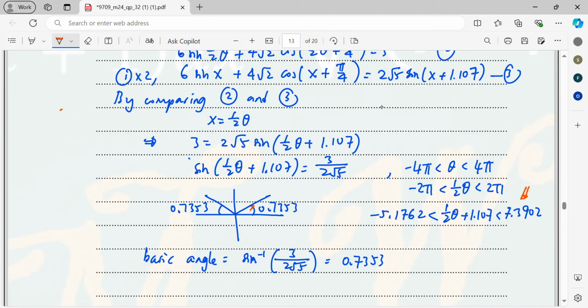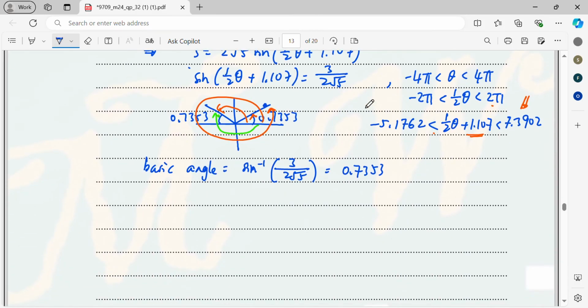That means the first angle is this, the second angle, and then the third angle, because 2 pi plus. Then you consider the negative value, which will be the green color. You cannot consider the negative value up to here, because it is outside the range.